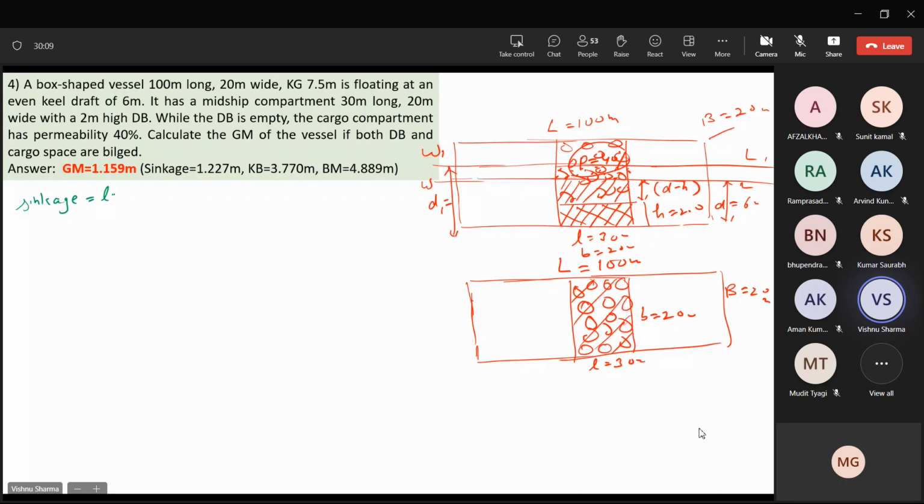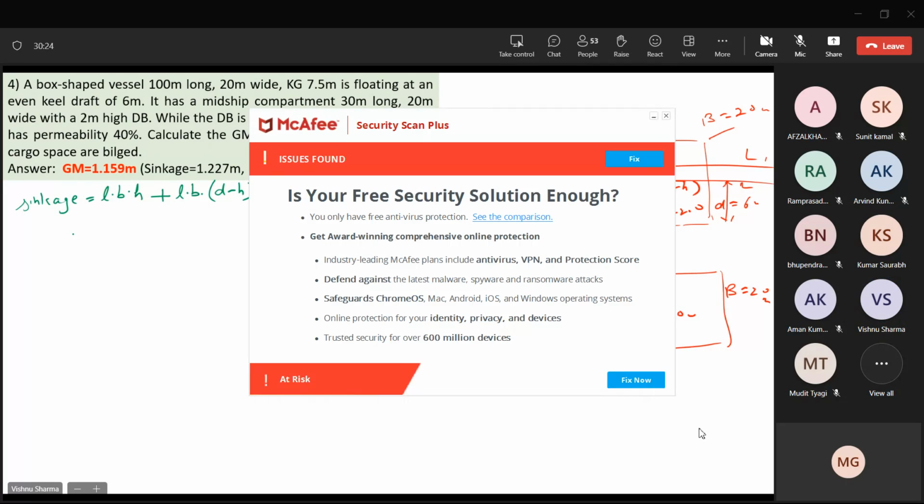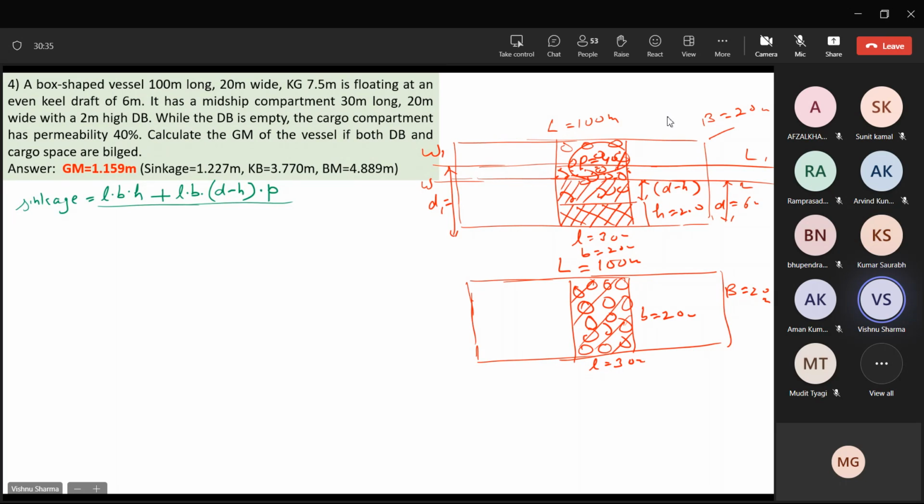Then sinkage will be equal to, let's run through, buoyancy lost, full buoyancy, full volume of the DB, so that is L B H, and 40% of up to the water line, so that will be plus L B into D minus H into permeability, divided by intact water plane. This numerator has come from the profile side elevation. The denominator will come from the water plane area, whole water plane L B minus l b p.